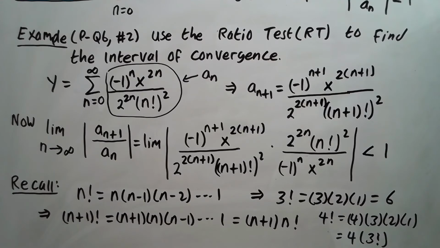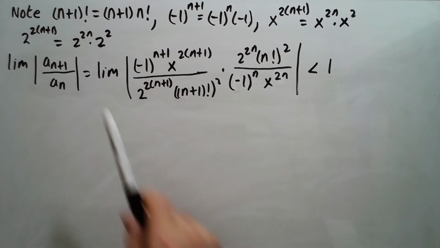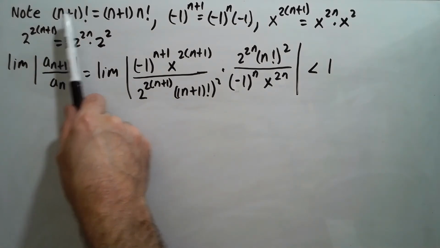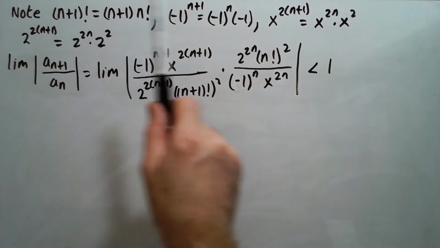Okay, so I'm out of space here, so let me erase a few things and we'll keep going. As we mentioned before, n plus 1 factorial can be written as n plus 1 times n factorial.